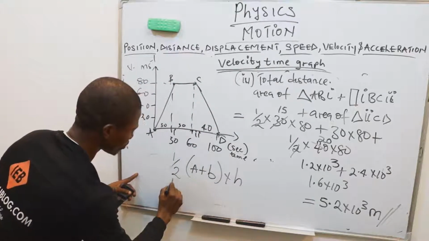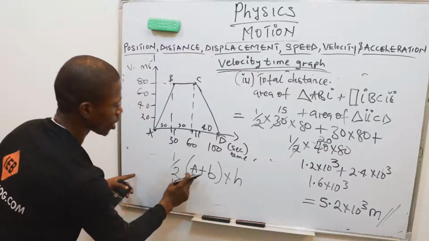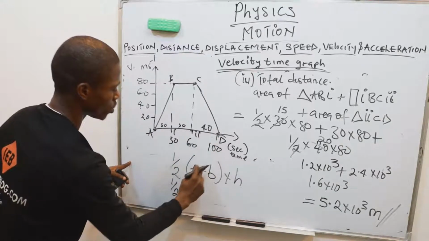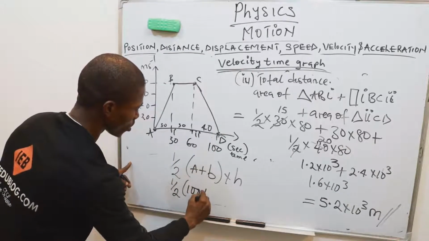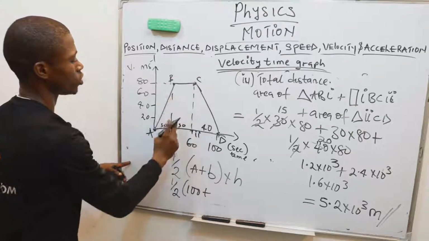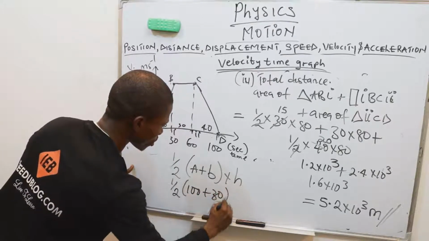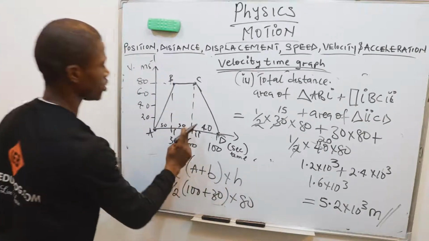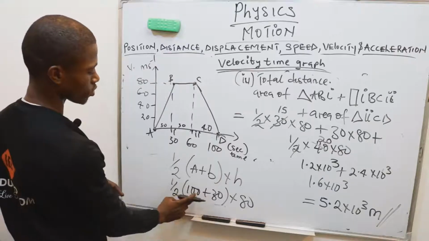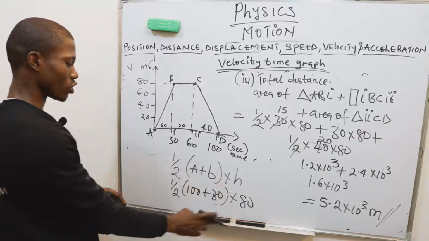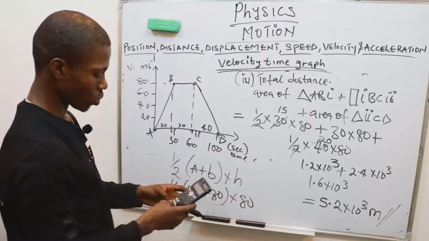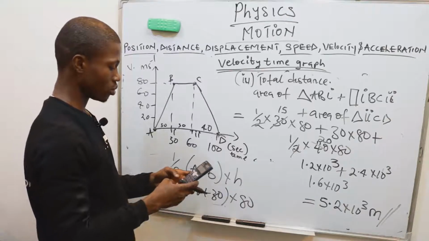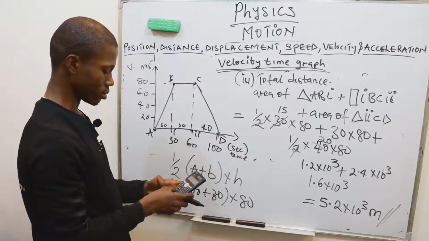So this is half into our A, the distance from here to here, which is 100, plus our B, which is here to here, which is 30, times our height, which is 80, the height of this trapezium. If you go ahead and solve, 100 plus 30 will give us 130, divided by 2, times 80.